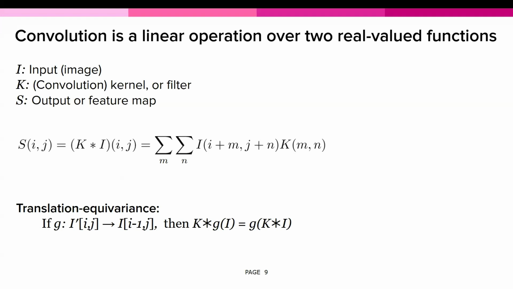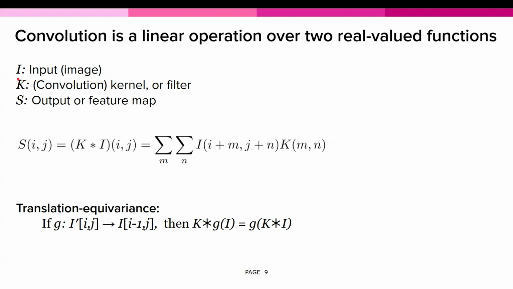So we can think of an image as a function of pixel positions because it takes in coordinates i and j and returns the value of the pixel at position ij. And then the other function is going to be the convolutional kernel. And so this is a small matrix of values. Usually it's much smaller than the input image I.